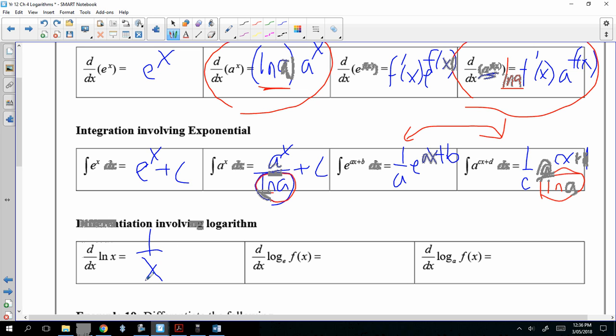Now, if the base is a, you can use the change of base law, or if you just remember from before, you can memorize the formula f'(x) over f(x). But because it's log base a, you have an extra ln a at the bottom. Okay? Or you can choose the change of base law to do that. Okay, we'll do some questions.